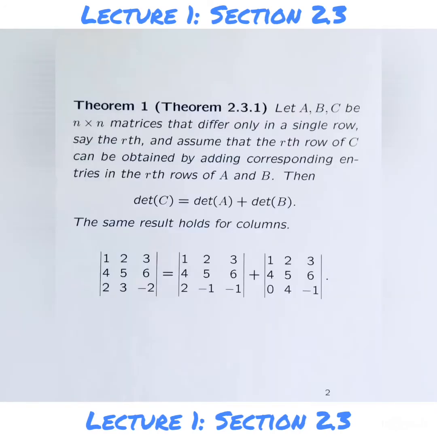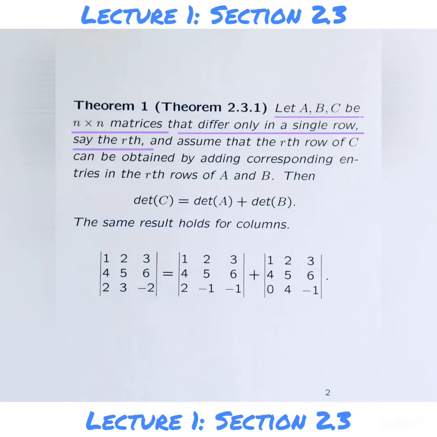Alright, so let's move on to the first theorem of section 2.3, which is theorem 2.3.1. Now this theorem gives a specific case where the determinant will distribute over the sum, and that happens when you have three matrices A, B, and C, and they are all n by n, and A, B, and C are all the same except for the rth row.